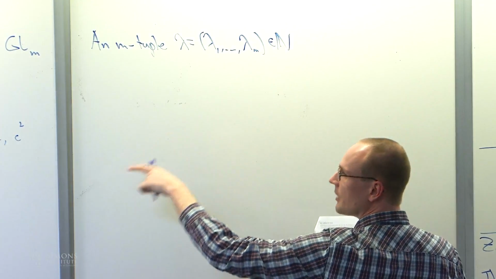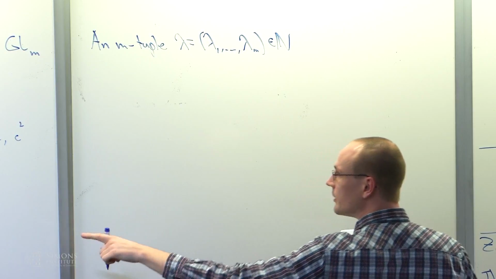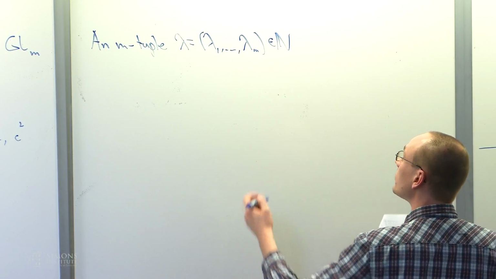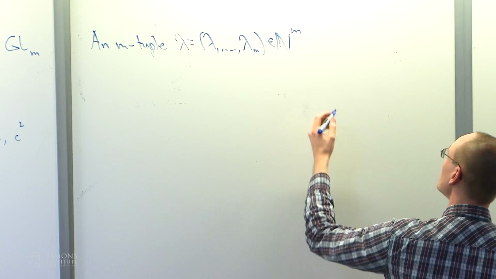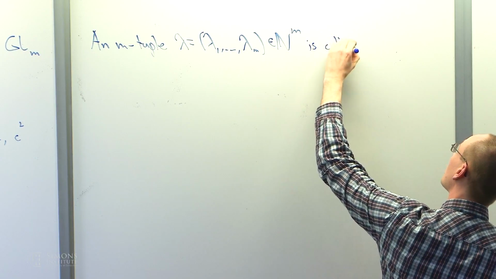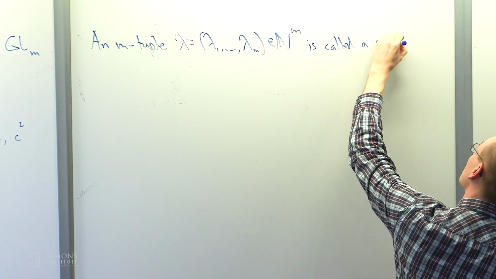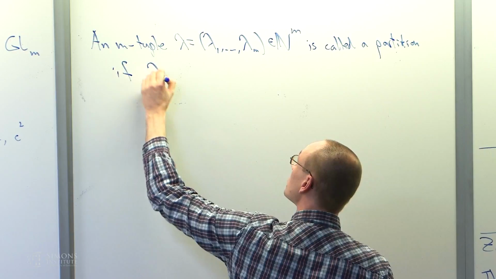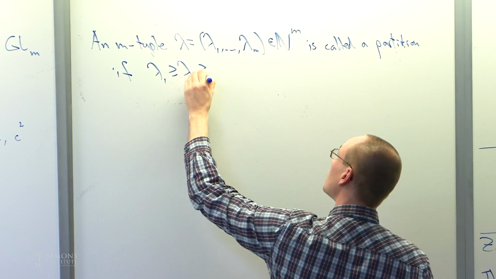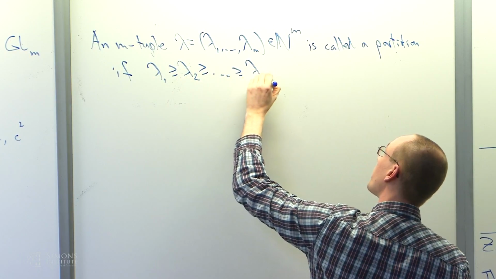I'm trying to define now a special type of polynomial here, and the discriminant will be one of those. But bear with me for a minute. Okay, so this is called a partition if it's non-increasing. So you have lambda 1 greater or equal to lambda 2 up to lambda m.